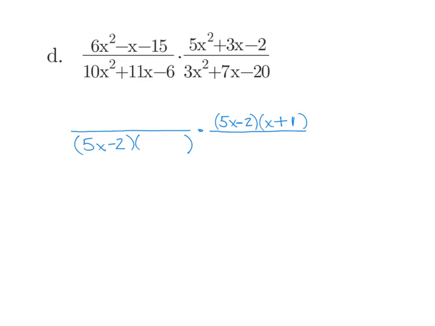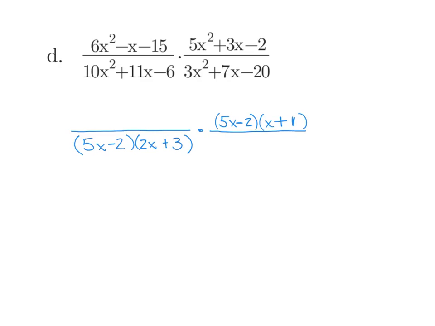I'm going to let 5x minus 2 be the factor for the bottom left. So now if we break this down, 10x squared is going to be 5x times 2x. Negative 6 is going to be negative 2 times positive 3.